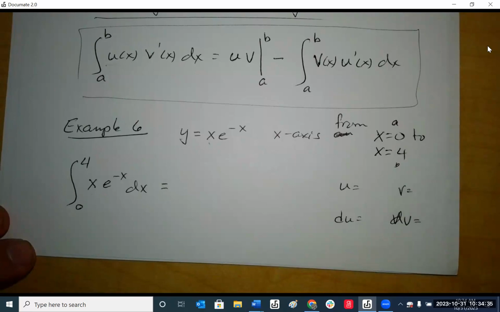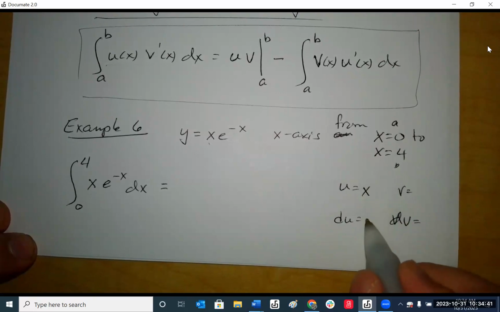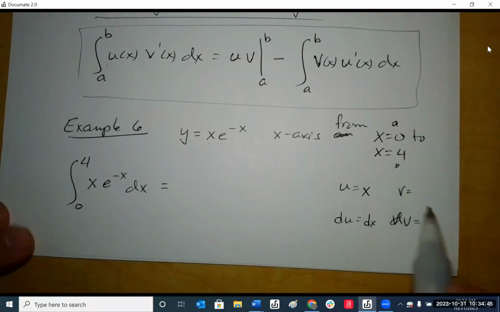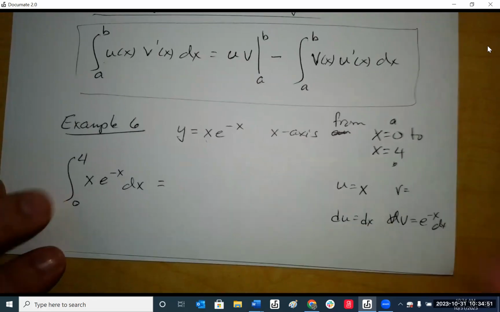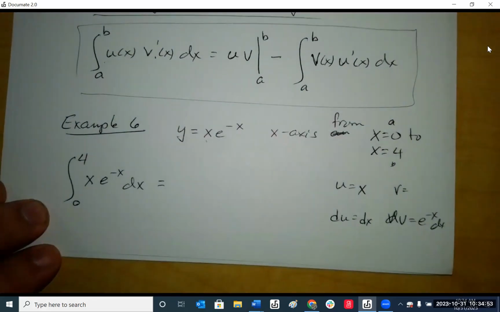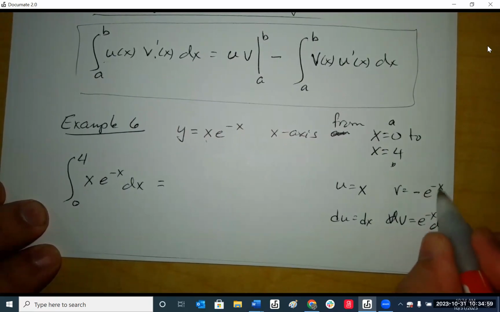So the x will be the easiest. The derivative of x is 1, it's just dx. e^(-x) dx is our v prime. The integral of that is negative e^(-x).